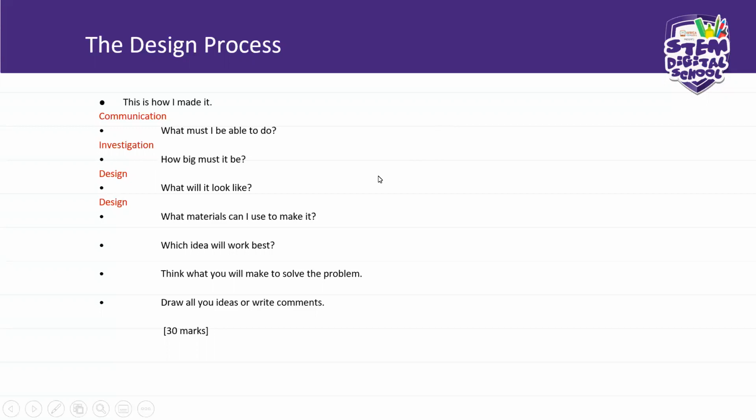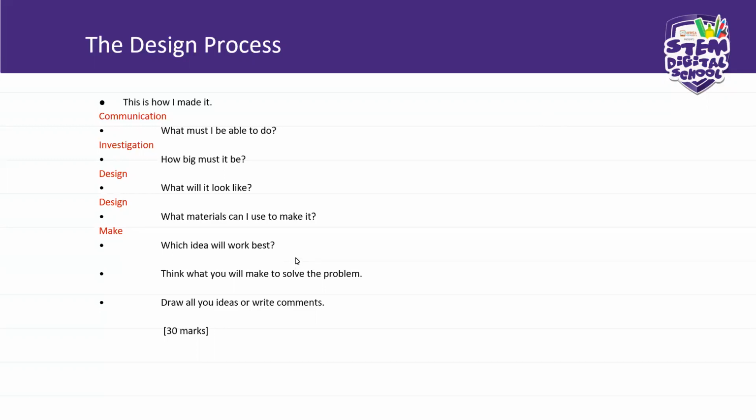Let's see. Remember, in the making stage, that is where you compile your cutting list. Your cutting list is your list of tools and materials. You write that list in the making stage, okay? So you have to remember the cutting list, the list of tools and materials goes into the making stage.